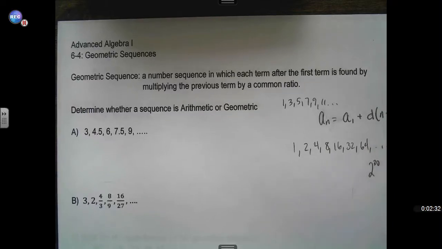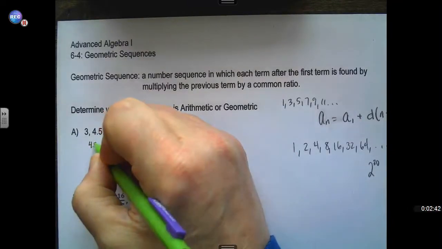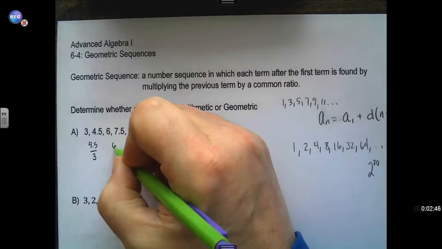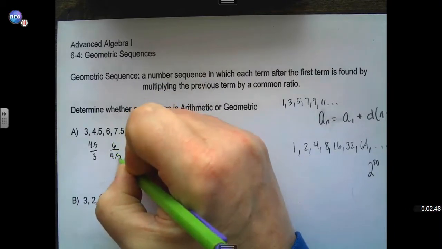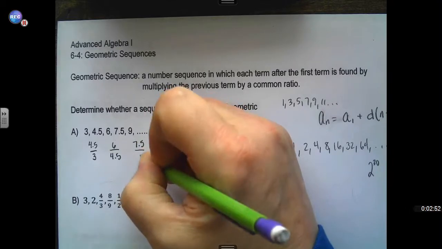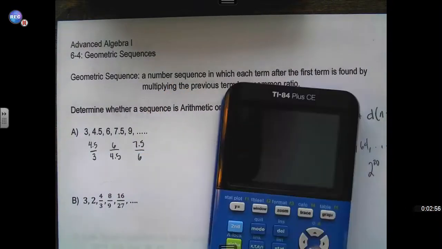The way that we tell is you take the term and you divide by the previous term. So if I take 4.5 divided by 3, and then 6 divided by 4.5, and then 7.5 divided by 6, do I get the same thing each time? I don't know.